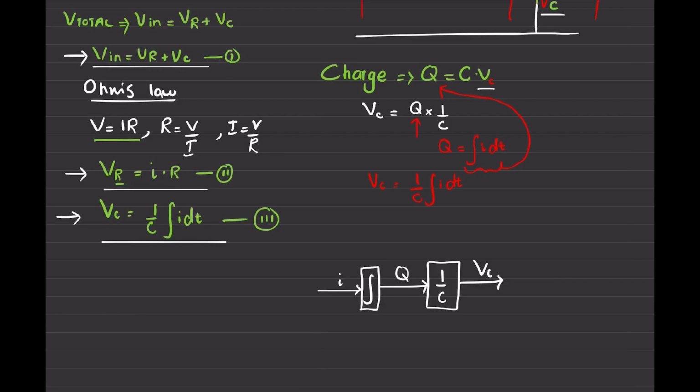Now what this block actually means is Q times 1 over C is equal to VC. That particular block is related to this formula.